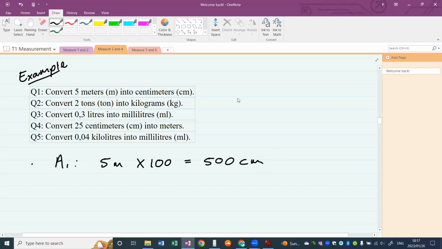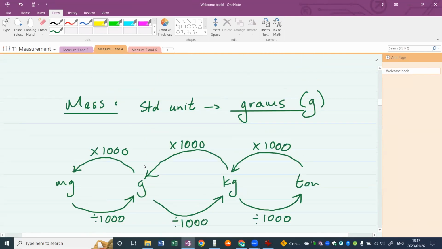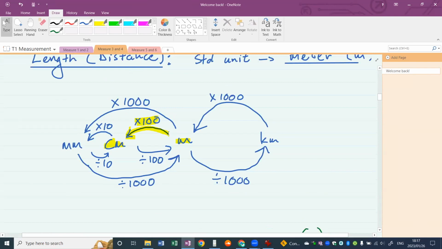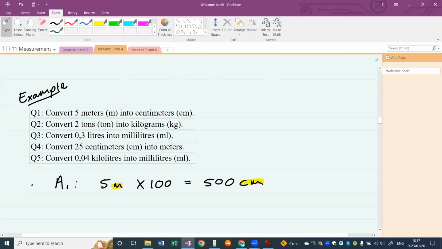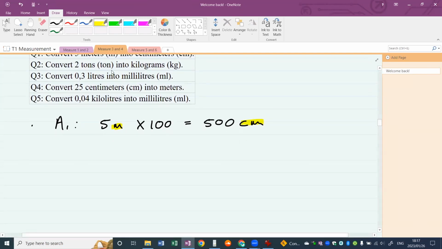And it's as easy as that. We were going from meters to centimeters, from the bigger unit down to a smaller unit. And like the diagram said, when we do that, we have to times by 100. So all I did was say times by 100, and that gives us 500 centimeters.